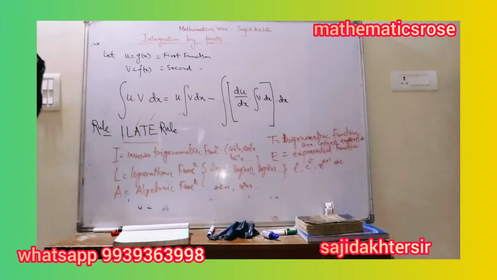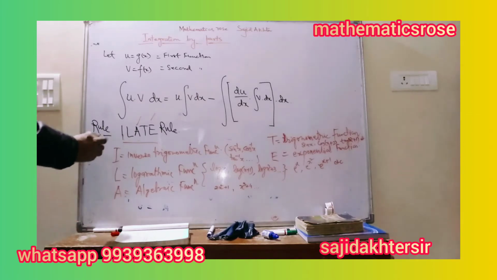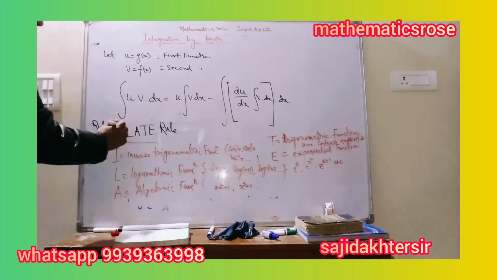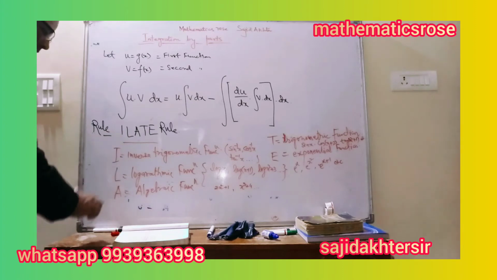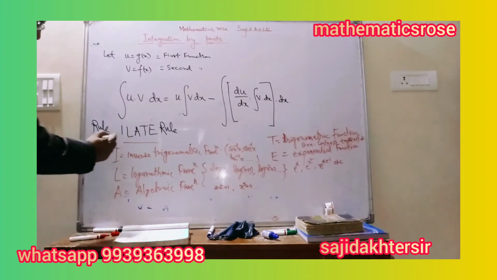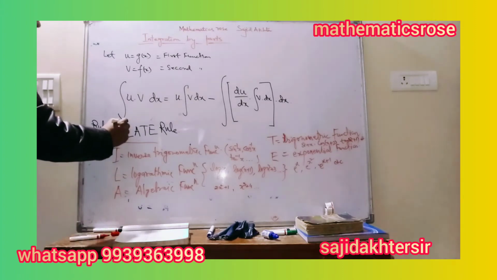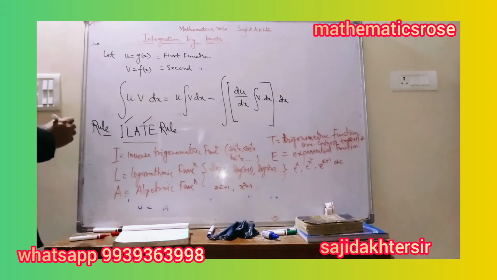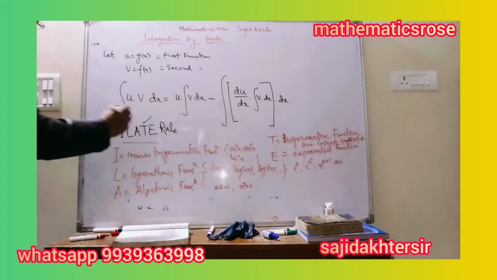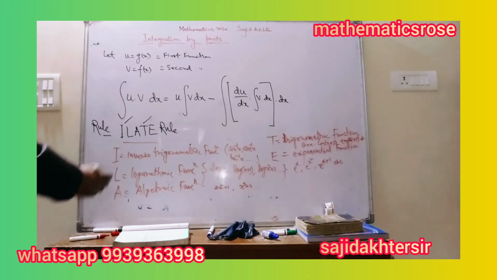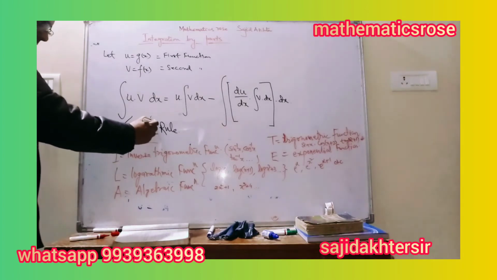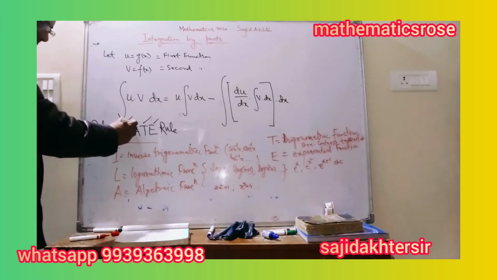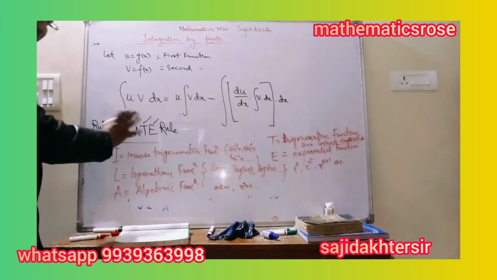If I and T are coming, we take I as u and T as v. If E is written first and A is second, then we have to reverse it.